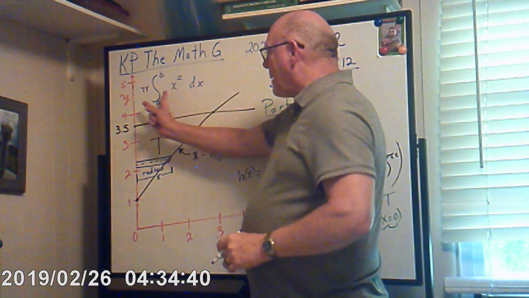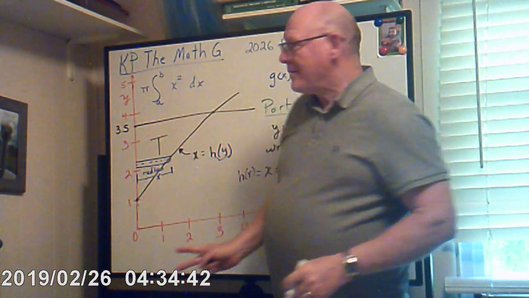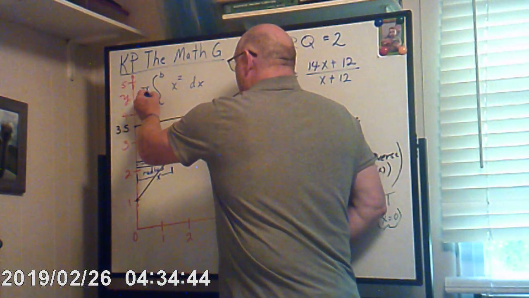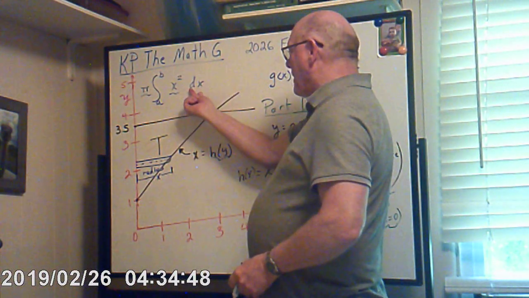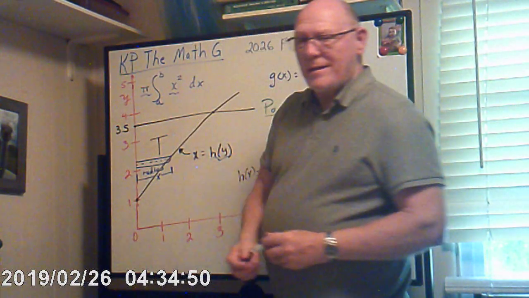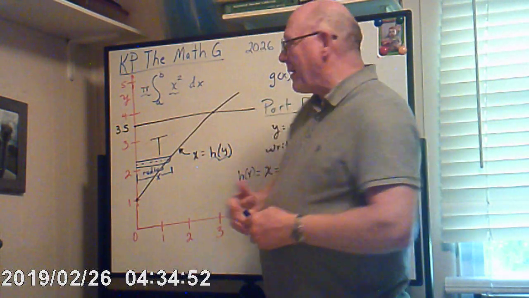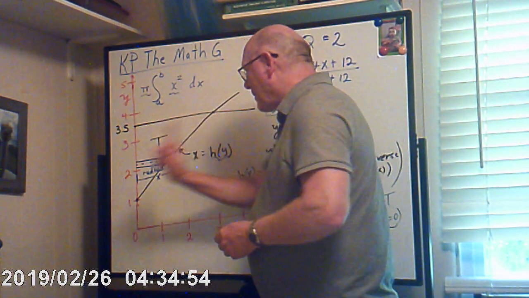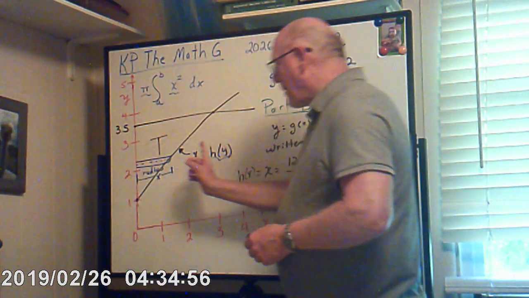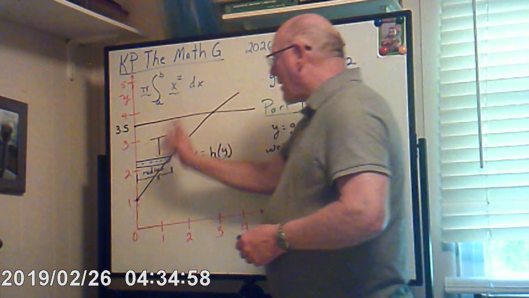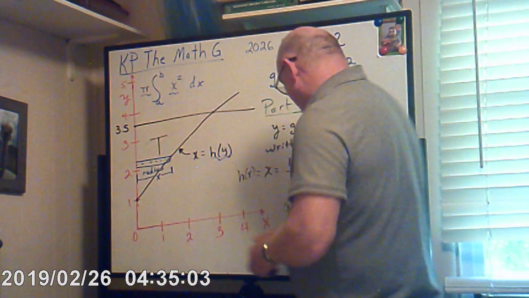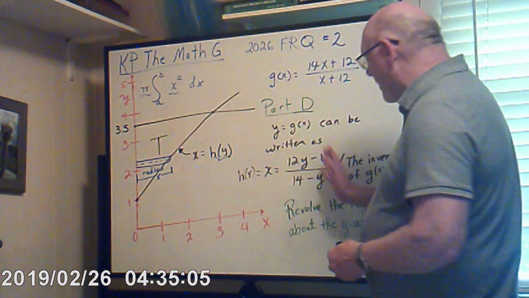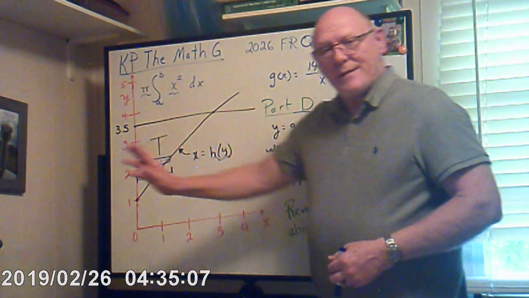These two parts are your area, and this part right here is your thickness. Pi r squared h. That's what delta x stands for. So that's what the volume of revolution is going to be.